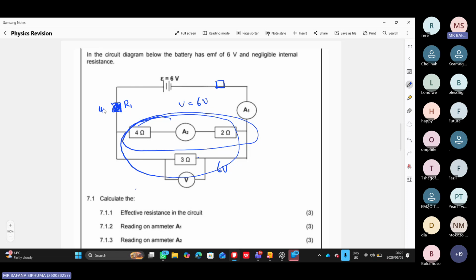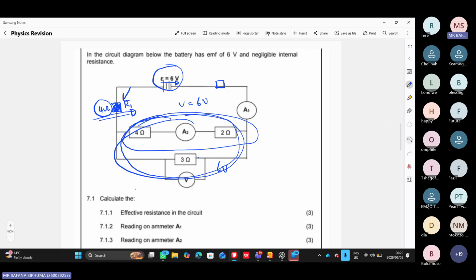You are going to use this value and the total resistance to find the voltage of that resistor. Then you will subtract the value that you get here from the total, and then you will get the voltage of this branch.